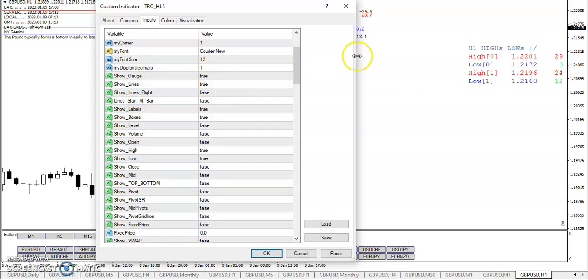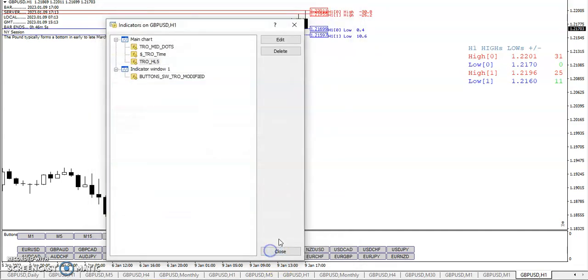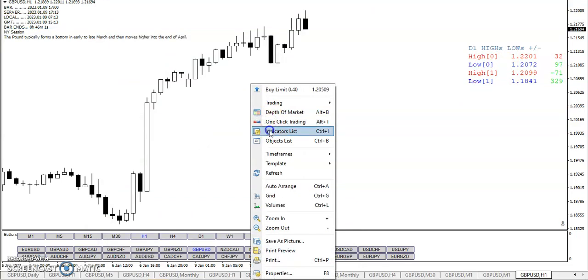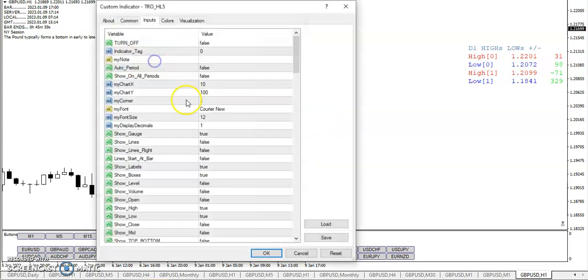Now, show lines true. If you don't want to see the lines, you can turn them off. Maybe you just want to have the gauge. And that's how that works. But normally, you probably want the lines on the chart. Now, show lines right.